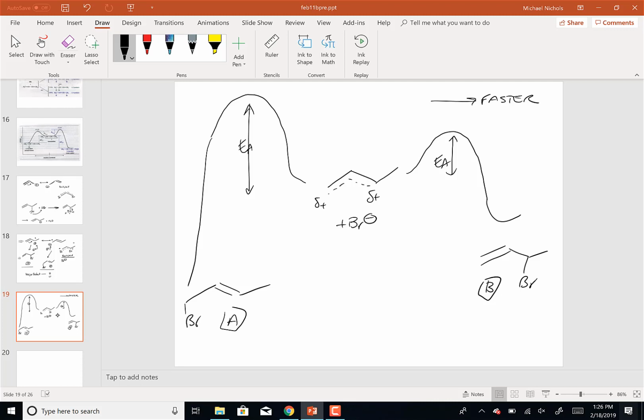So how did I get A? Does it come back? Does B, with such low activation energy, react backwards? You're getting close. Reverse. So imagine I'm starting this reaction and the fastest product that forms is B. What happens if B loses its bromide?